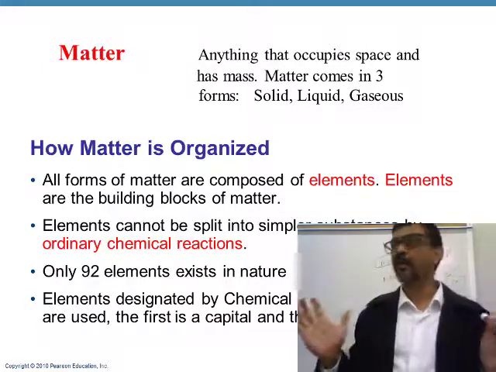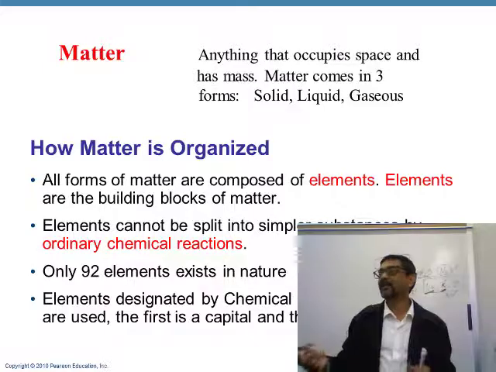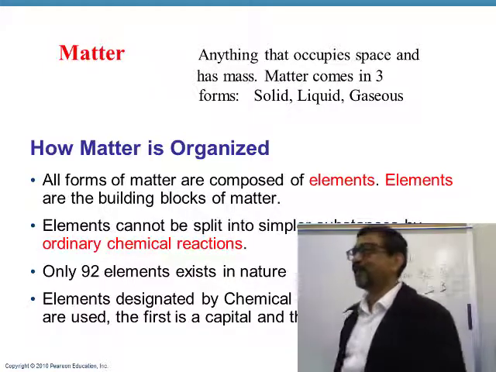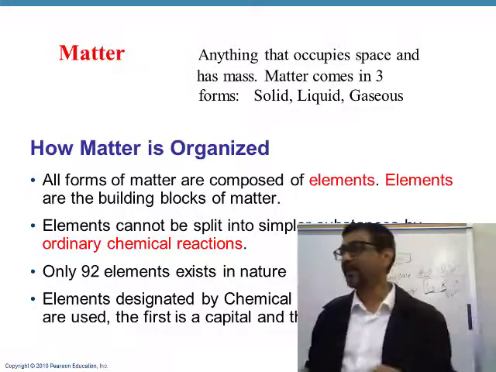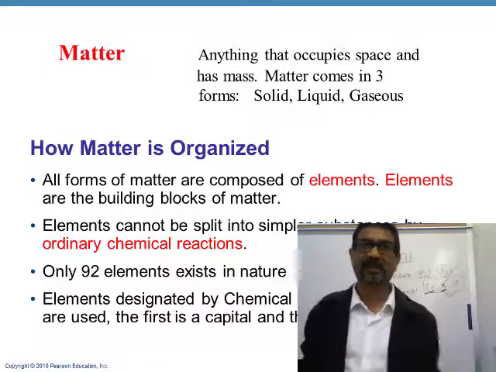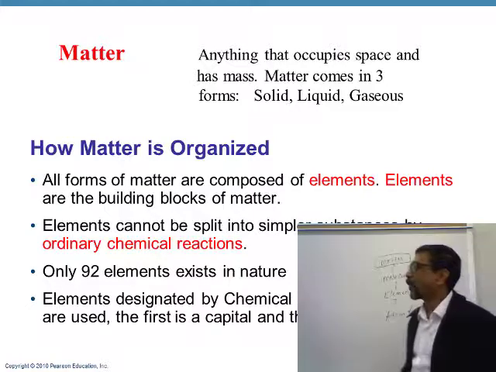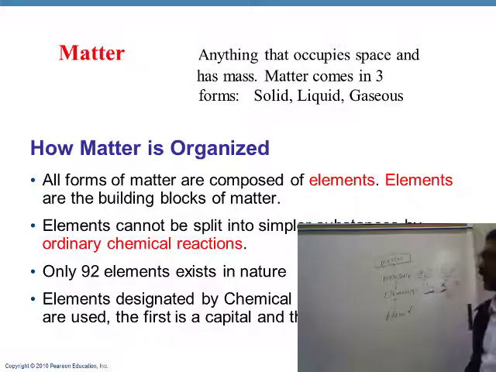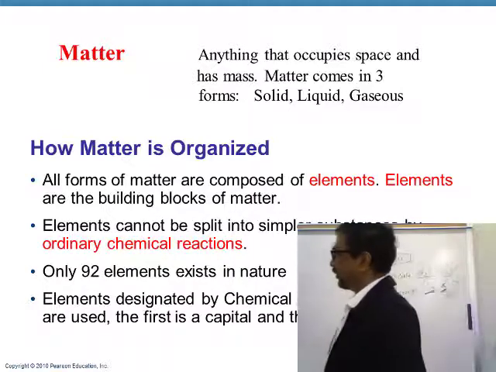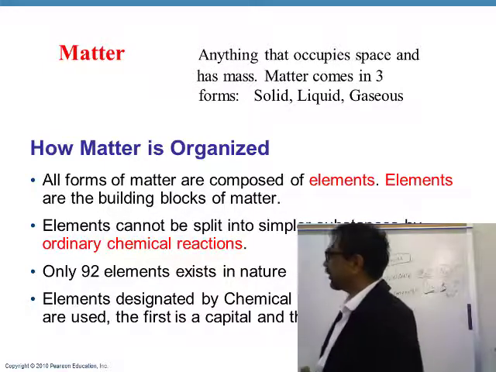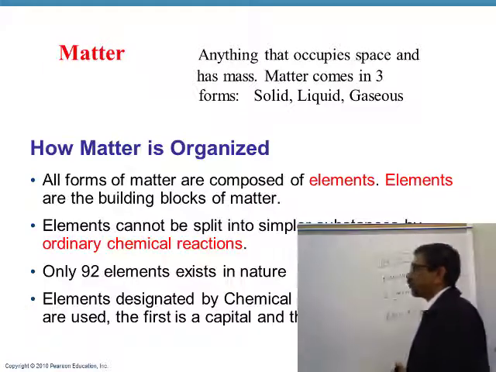Liquid occupies space, we know that. Gas also occupies space, right? If you put air in the tire of the car, it gets bigger, right? So air, or gas, also occupies space. So matter can exist in three forms.